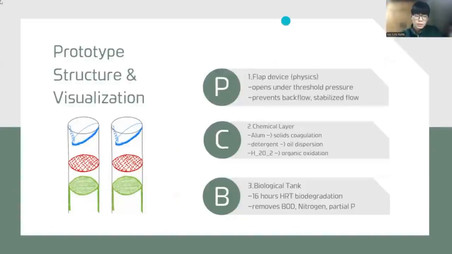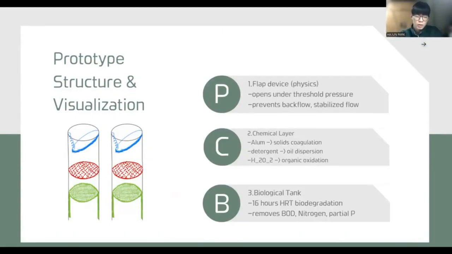The prototype consists of three layers connected in sequence. The top layer features a flap device that is normally closed and opens to regulate flow. Below this is a chemical treatment layer designed to rapidly neutralize or precipitate solids, oil, and organics using alum, detergent, and hydrogen peroxide, respectively.